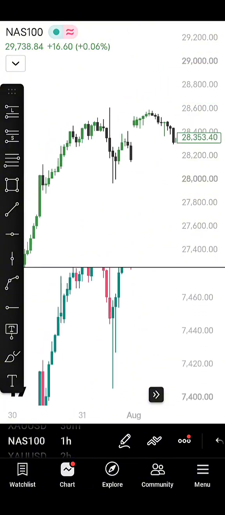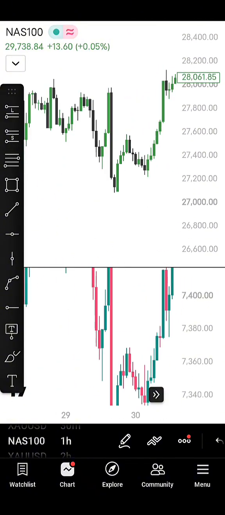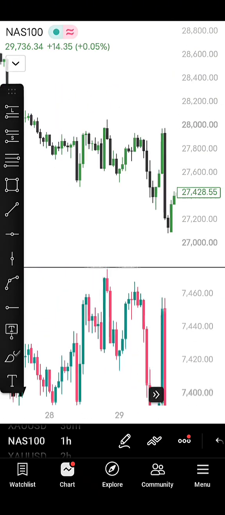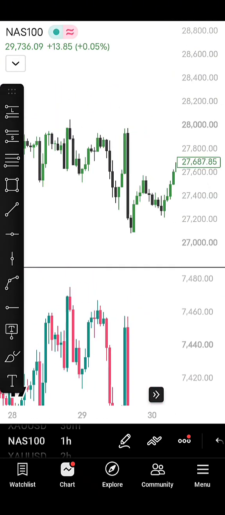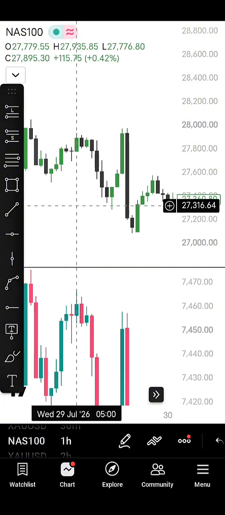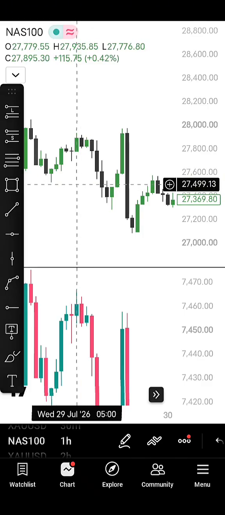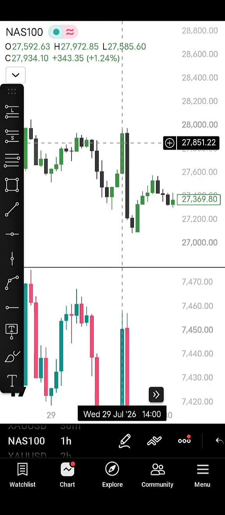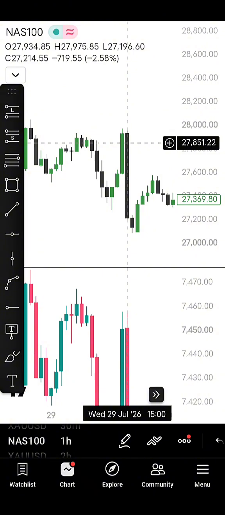Let me show you the easiest example on the Nasdaq chart, so you will get it clearly. Just note this 5 a.m. candle, which created the high on both pairs. And let's see this candle around 2 p.m. EST.